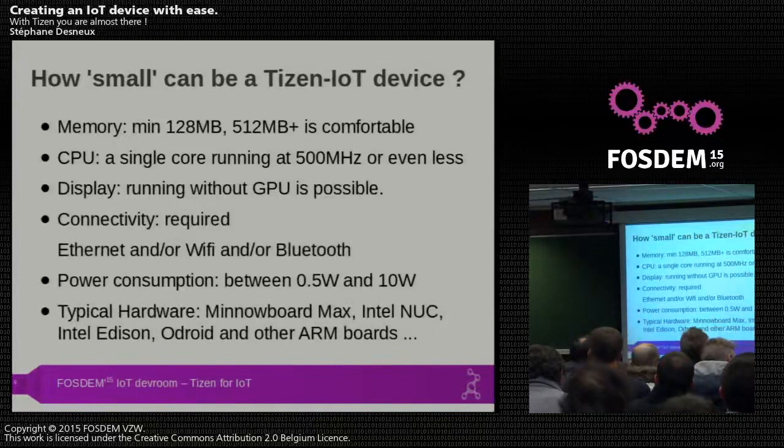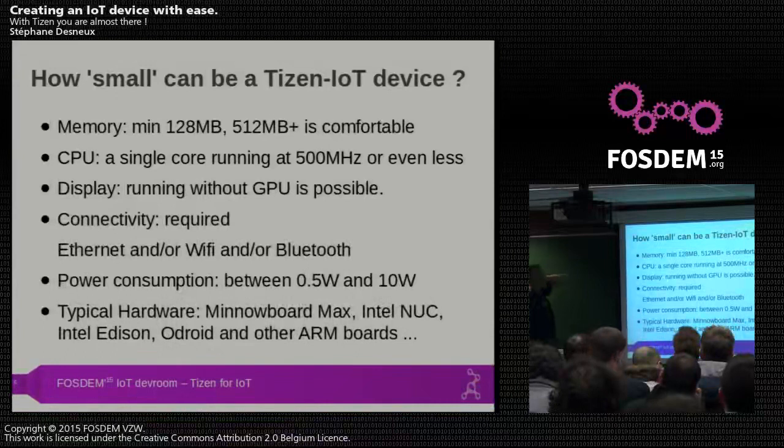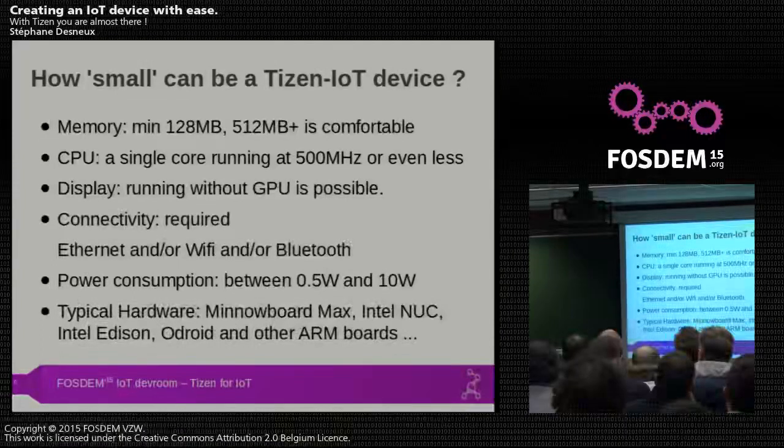For me, the minimum is 128 megabytes, and honestly, 512 megabytes is comfortable, or more. For the CPU, a single core running at a small speed like 500 megahertz is enough. It could be less. I didn't make any test on that, but I'm quite sure that it works at 500 megahertz.